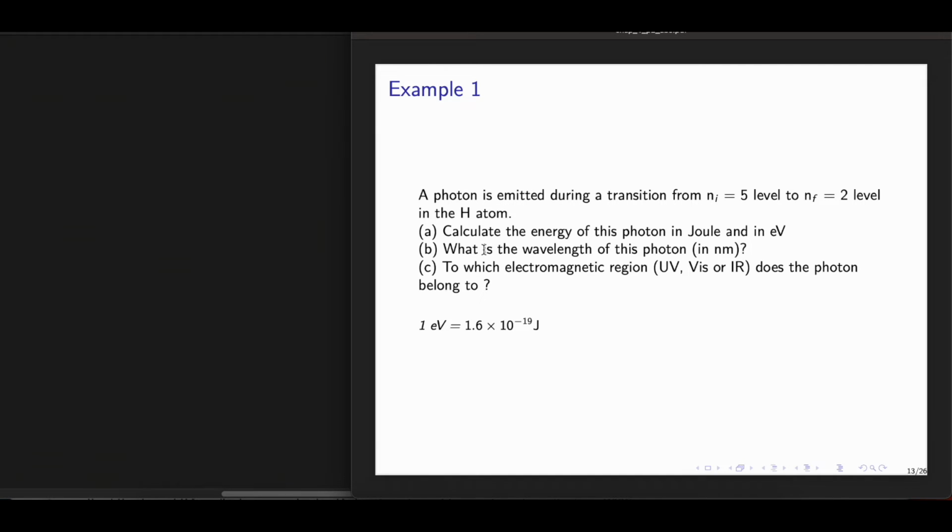Let's do this example. In this example, we have a photon that is emitted during a transition from the initial state n equals 5 to the final state n equals 2 in a hydrogen atom. We are asked to calculate the energy of this photon in joule and in electron volt.